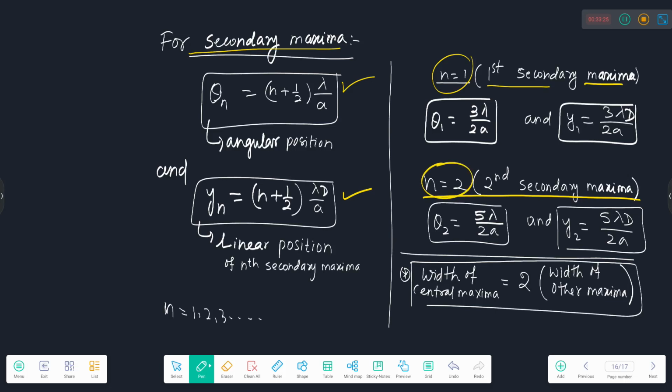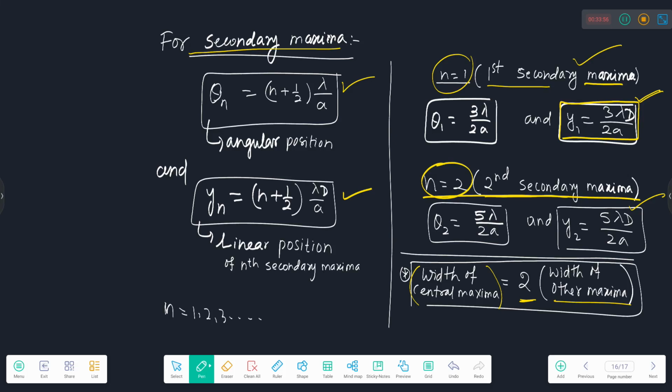So for n equal to 1, my y1 is 3 by 2 lambda D by a, and for the second secondary maxima it is 5 by 2 lambda D by a. Also remember the width of the central maxima is always 2 times the width of the other maxima.